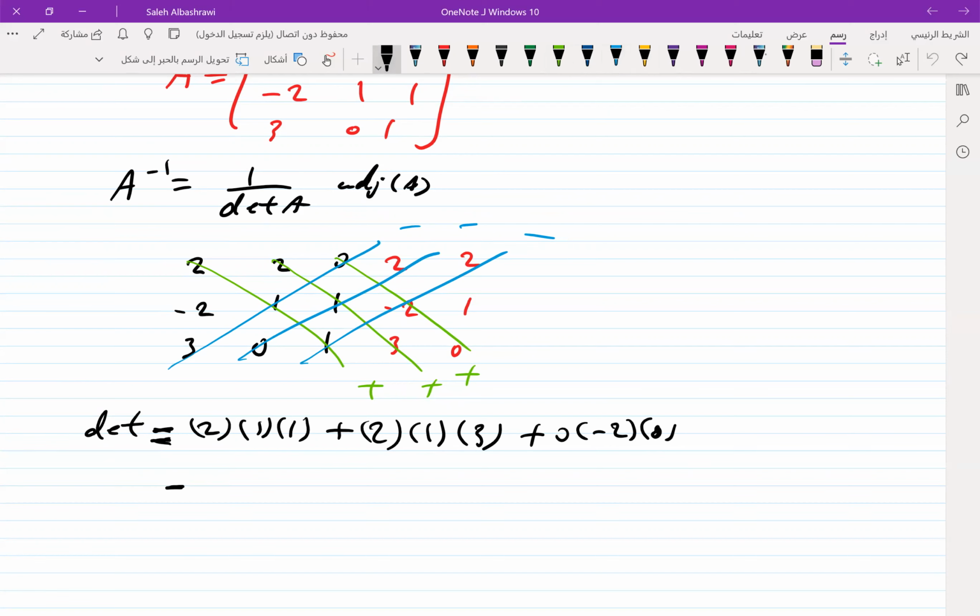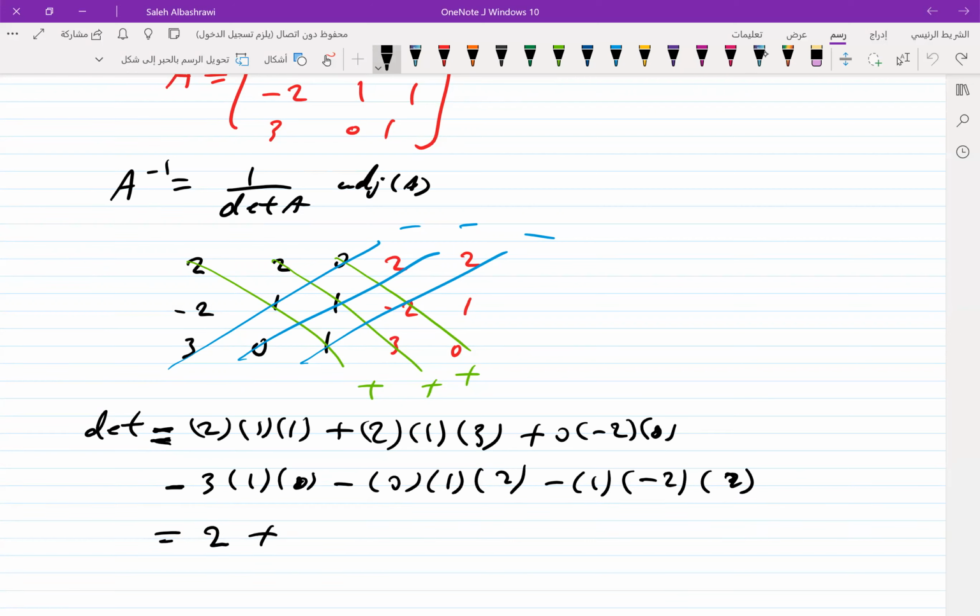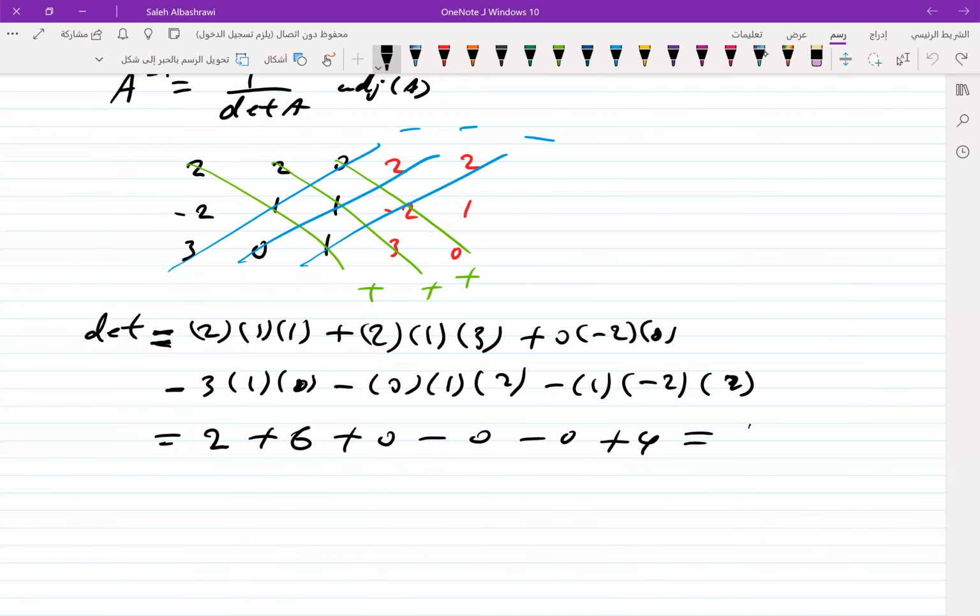So negative of 3 times 1 times 0, minus 0 multiplied by 1 by 2, minus 1 times minus 2 times 2, which is equal to 2 plus 6 plus 0 minus 0 minus 0 plus 4, which is equal to 12.